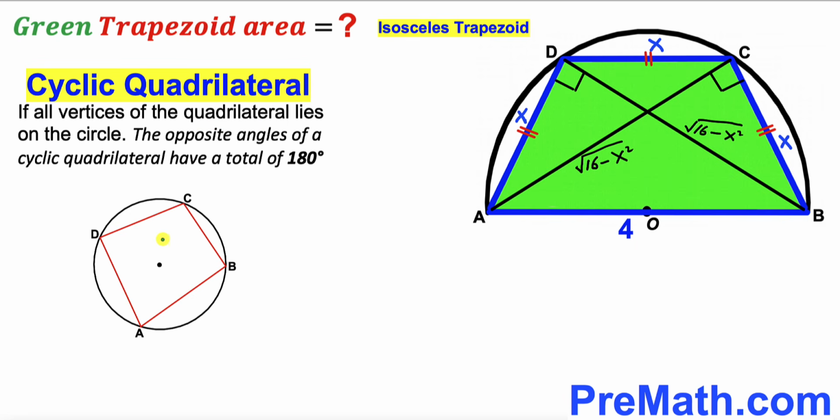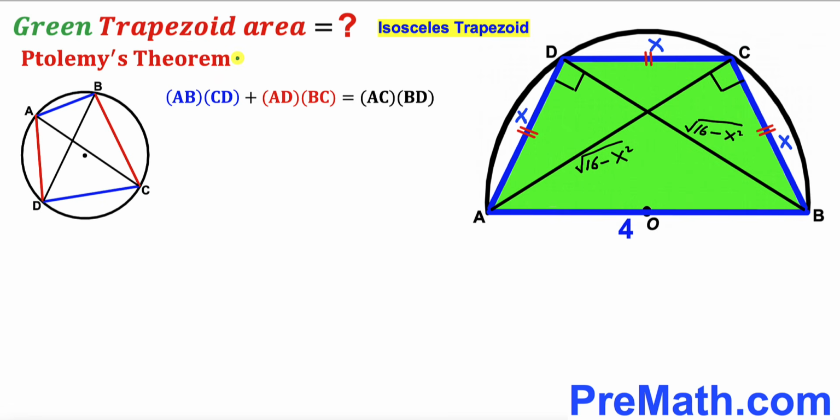As you can see in this given diagram, this quadrilateral ABCD is our cyclic quadrilateral, since all these vertices A, B, C and D lie on the very same semicircle. So we conclude that this trapezoid ABCD is a cyclic quadrilateral.